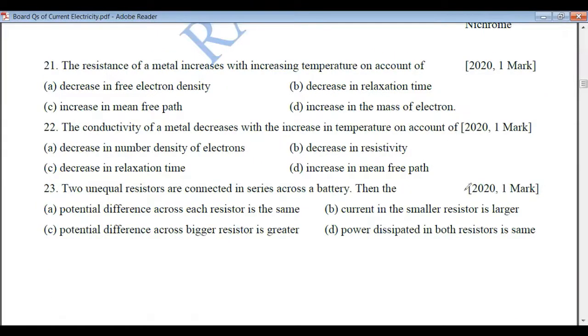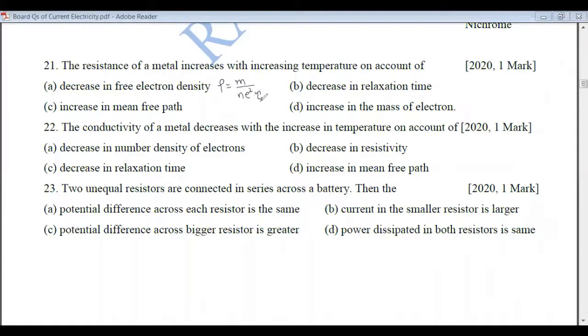21, 22 and 23. These are the MCQ questions which came in 2020. The resistance of a metal increases with the increasing temperature on account of. There are four options given. Now here we know that the resistivity is given by m upon n e square into tau.